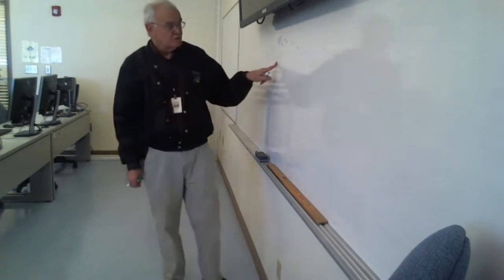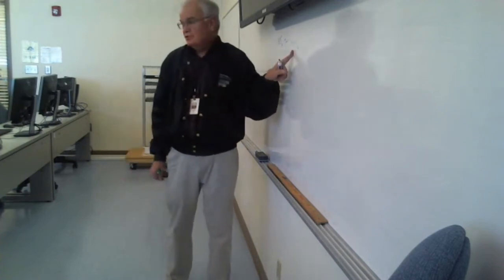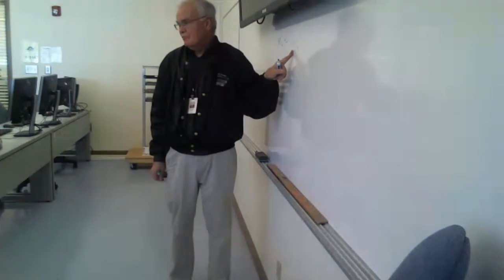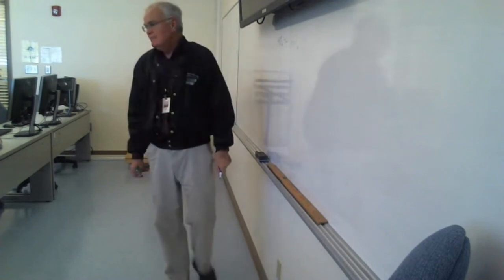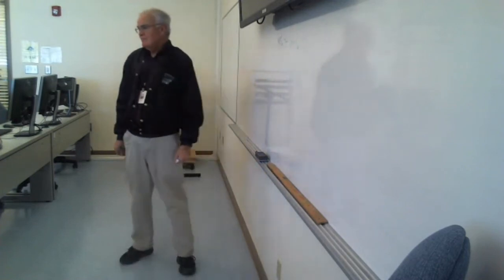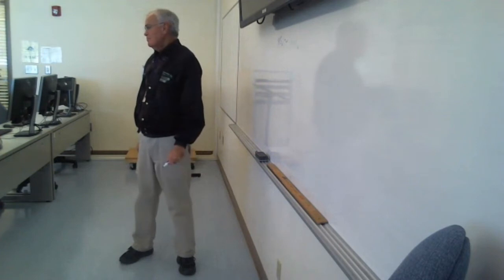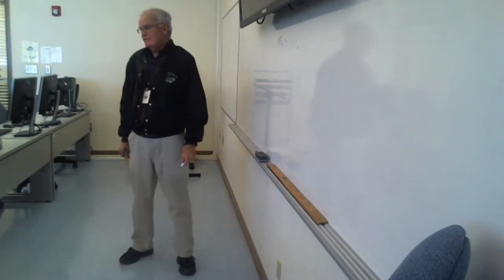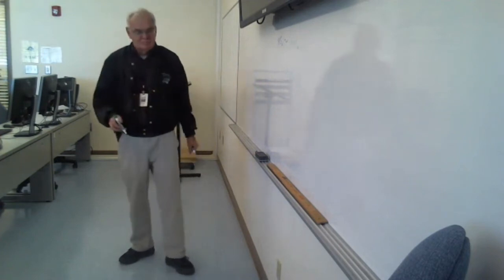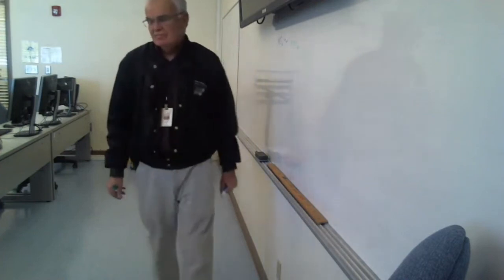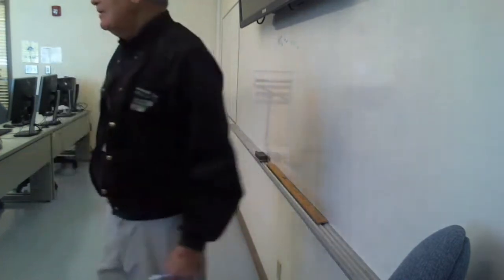So, we got 11. We've got to put it in a single column over here. 11's not going to fit in one column. What do we do? It's hexadecimal. Is it the letter B? Huh? Is it the letter B?